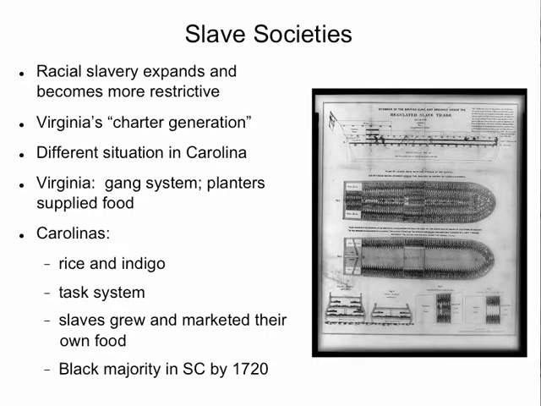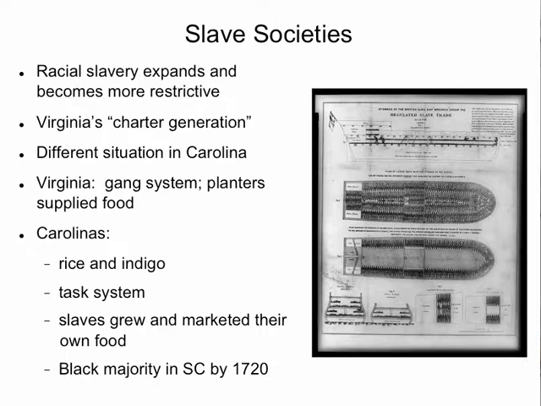In Carolina, the cash crops were not tobacco. Instead, you have rice and indigo, which grew better in the somewhat swampy environment of the Carolinas. And with those cash crops, another way of organizing labor worked best, what we call the task system. So if you were a slave in the Carolinas, normally you didn't work in a group.